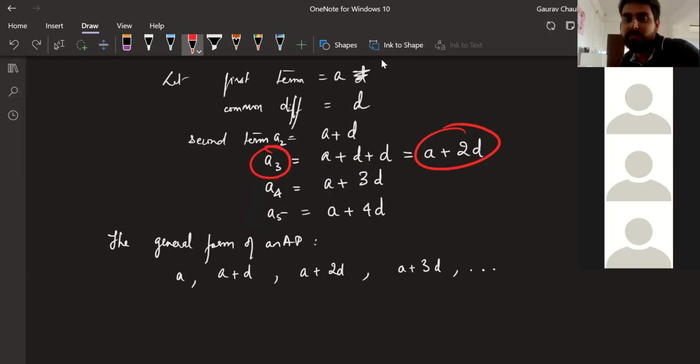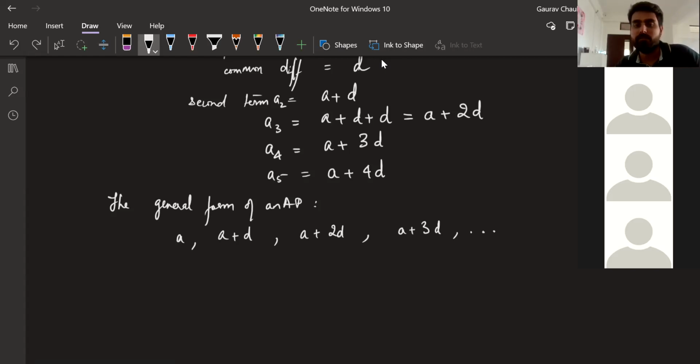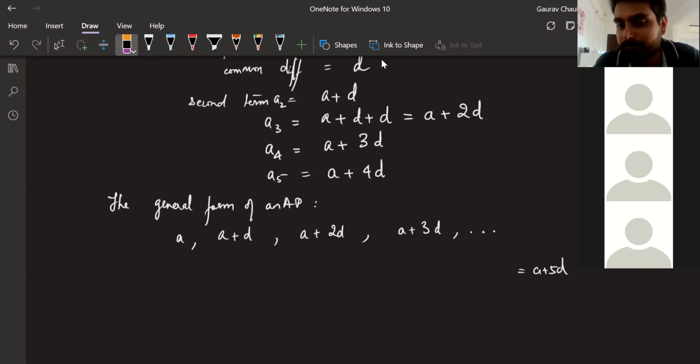Think of A6 also. It will be A plus 5D. Basically, it is the previous term, A5 plus D, that is A plus 4D plus D, which is A plus 5D. Is there some pattern emerging here? I would like to ask you guys.